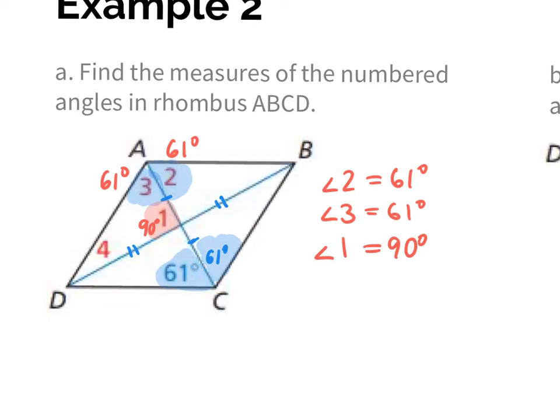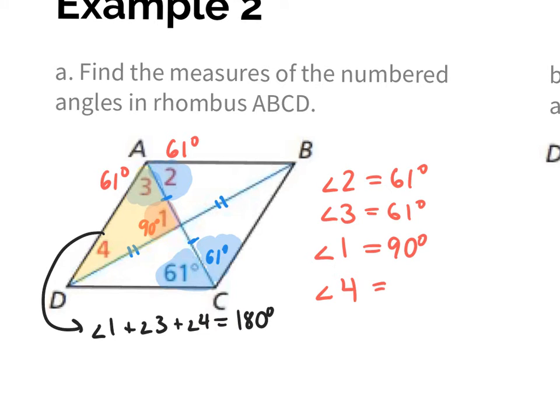Now, that leaves me to find angle 4. For angle 4, we're going to have to use some other properties. What we learned about in section 1 is that when I have all my diagonals of a rhombus, you see how it creates a small triangle within here? Notice that angle 1, angle 3, and angle 4 are the three angles inside of that triangle, and in a triangle, if I add up angle 1 plus angle 3 plus angle 4, they should all add up to 180 degrees.